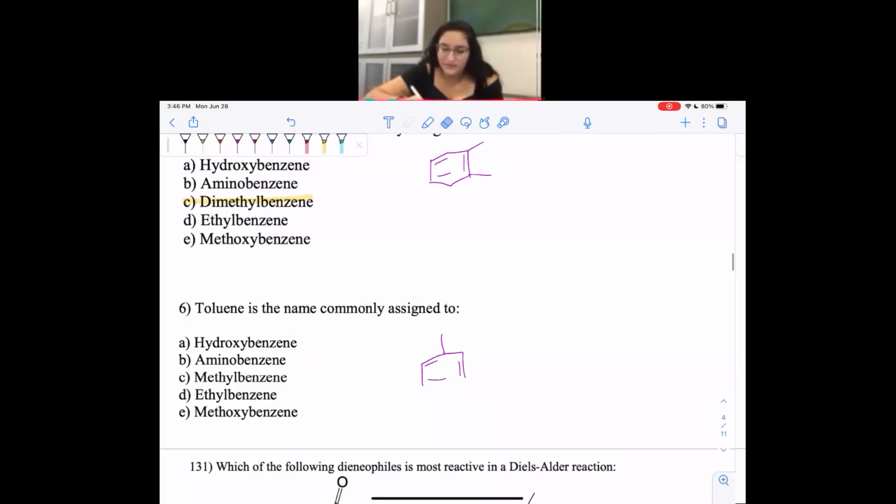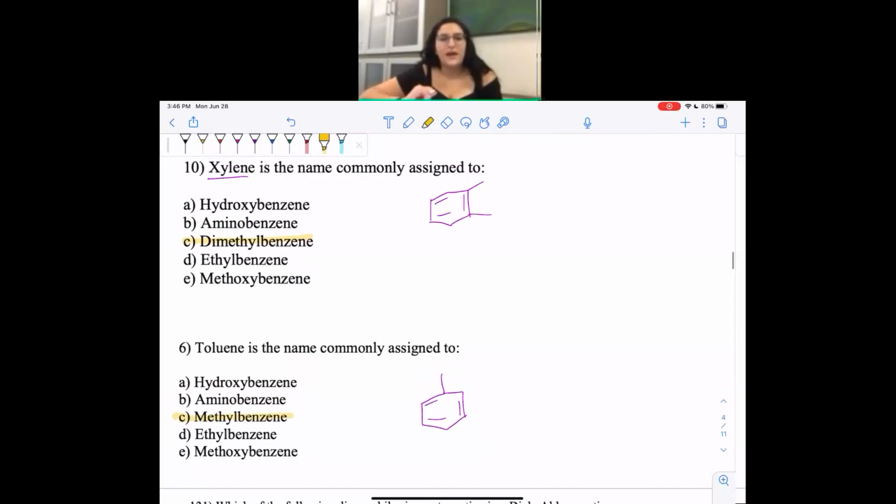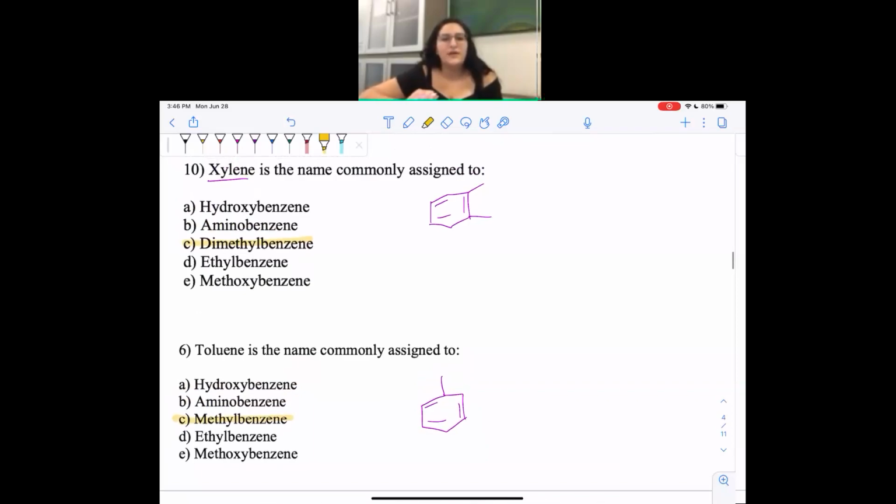This is not a methyl. I will put a file of common benzene names to know. I think that he's going to wait until the next exam to give you this, but again, he covered it, so he might give it to you on this exam. Just know these common names.